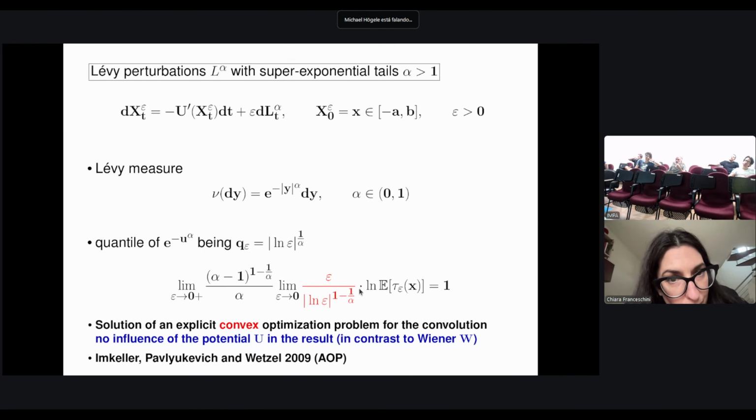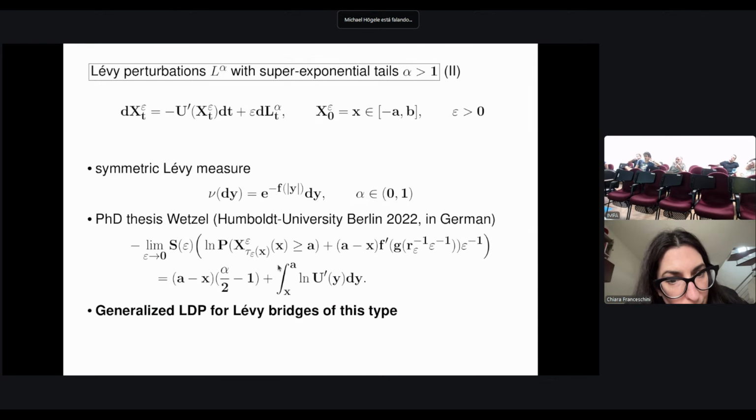The result he got is that in the case of symmetric noise, you can determine the direction where the exit happens, and here you can see that the potential plays a role. There's a new term appearing, which has the exponent of the derivative of the potential. So it's a rather deep and complicated result.